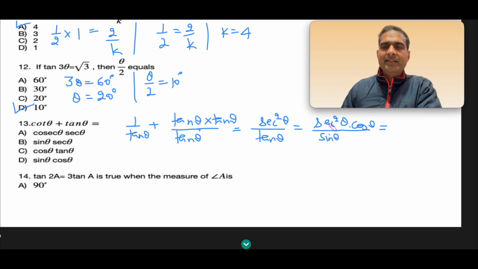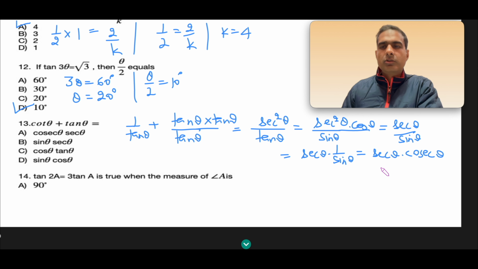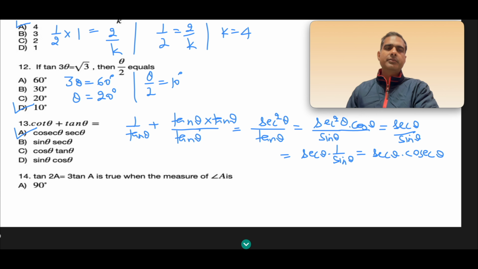So I know sec theta is reciprocal of cos theta, so sec theta into cos theta will become 1. So what will be left? Sec theta by sine theta is sec theta times 1 by sine theta. So that will be sec theta, and 1 by sine theta is cosec theta. So our answer is sec theta cosec theta. So if we look and analyze, option A will be our answer.